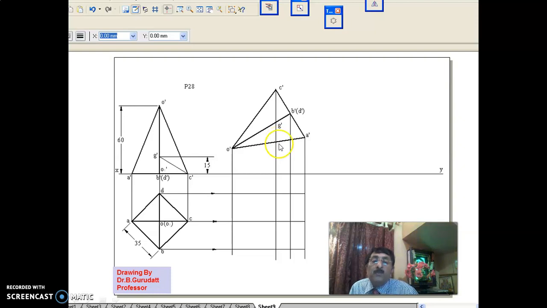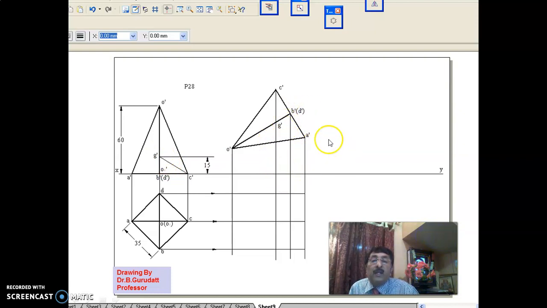This is a new problem, very important from the examination point of view, where in suspension problems you should know how to locate G dash, and in the second stage front view you assume a thread is tied to one of the corners, either A dash or C dash, and if you hang the entire solid in the space, the line connecting the corner and the center of gravity will be perpendicular to HP or XY line.